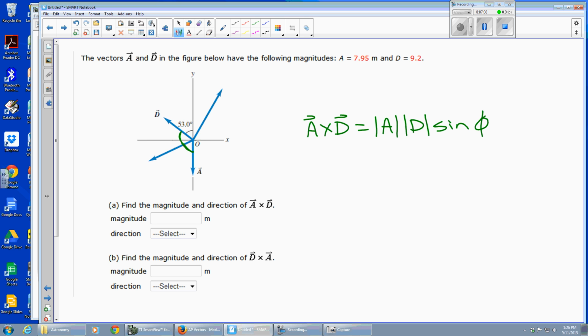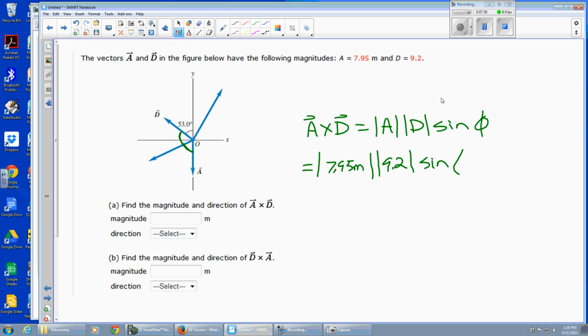If I put in all my values, the absolute value of A is 7.95 meters, times the absolute value of D, 9.2, and they left that unitless so that the units would come out to be meters.